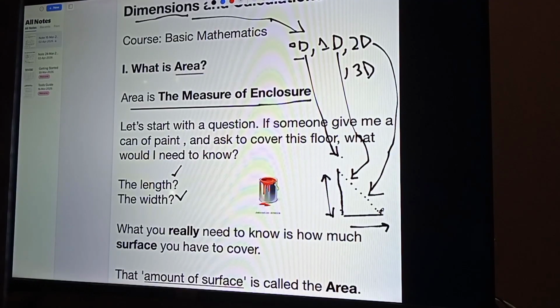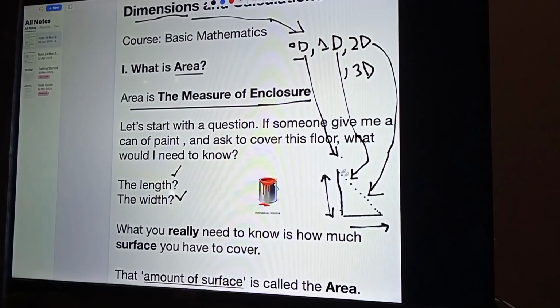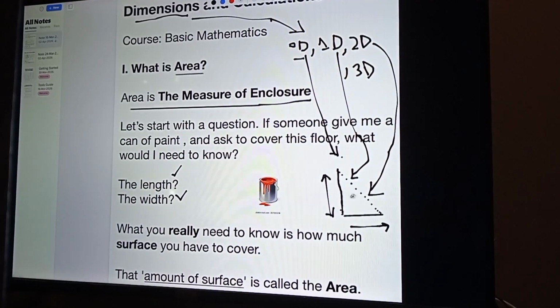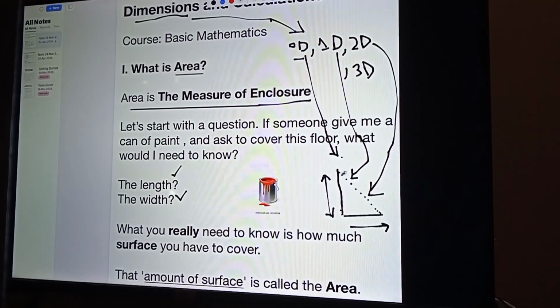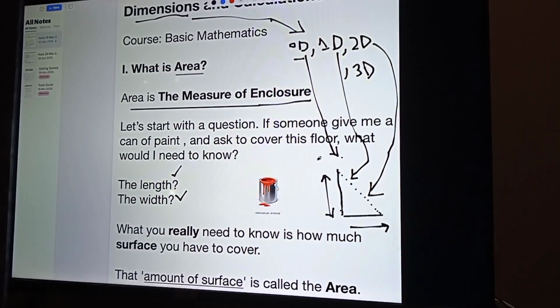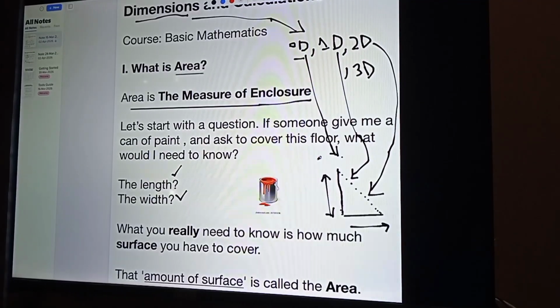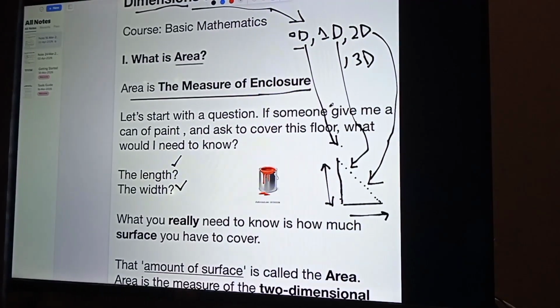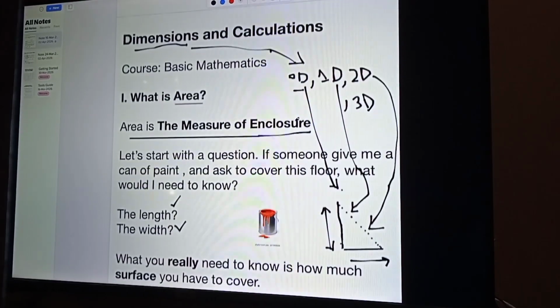We humans are living in a 3D world, so we can move up and down, left to right, and forward or backward, and objects in our life can move up, down, left, right, and forward or backward. So this was all about dimensions.